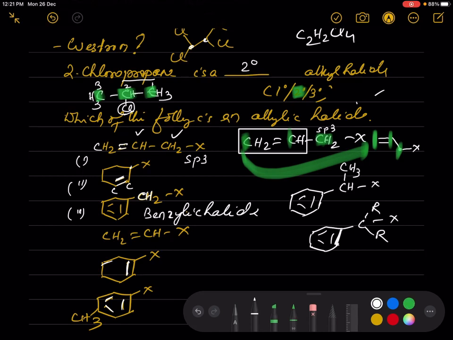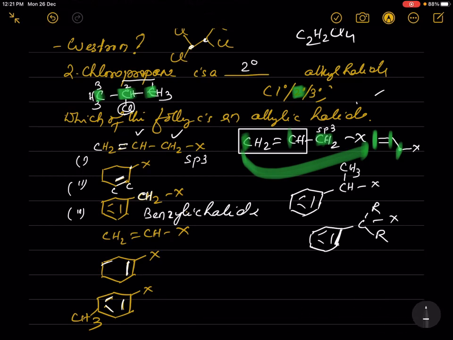Then number 2 is also an allylic halide. Why? There is a double bond, then a carbon, then a halogen, and this carbon is sp3 hybridized.